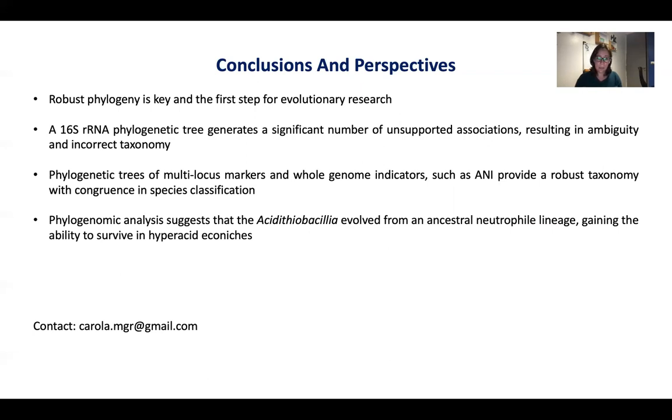And in the case of the Acidithiobacillia class, our phylogenetic analysis and whole genome analysis propose that the Acidithiobacillia evolved from an ancestral neutrophile, gaining the ability to survive in extreme acidic environments.